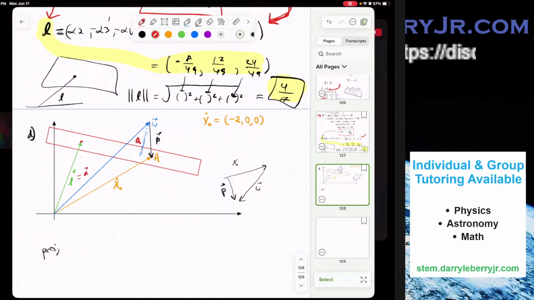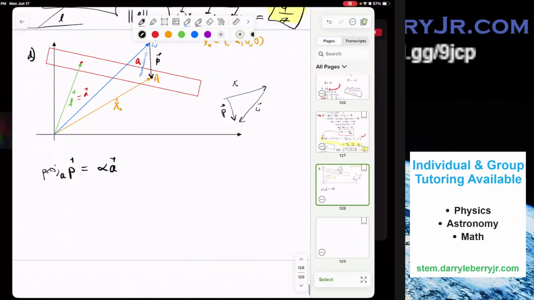It's just scaled differently. So that's going to be A. So the projection onto A of P equals some scalar of A. So alpha equals the projection onto A of P divided by A.